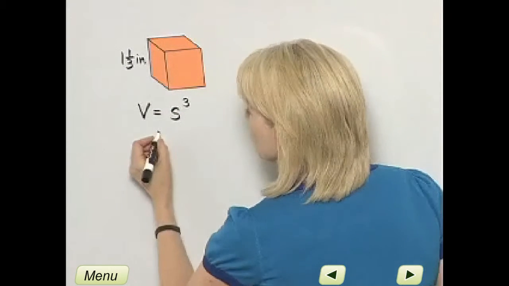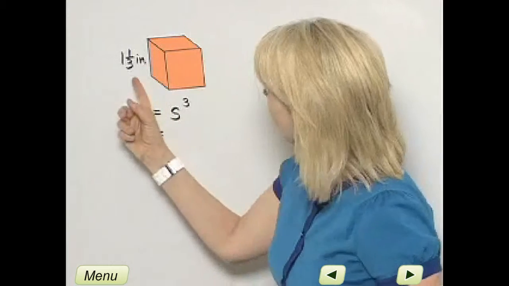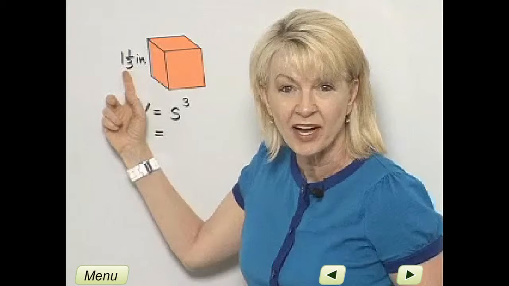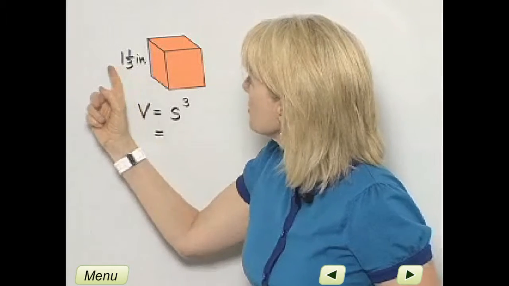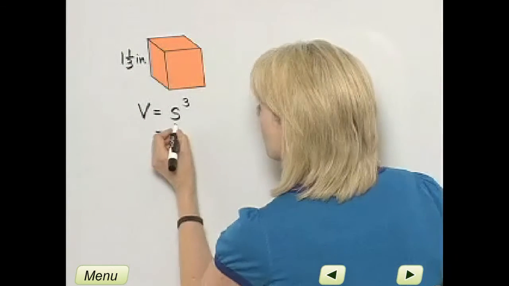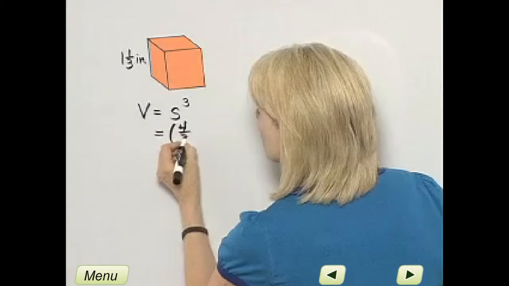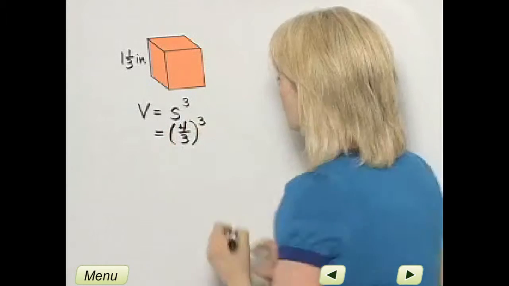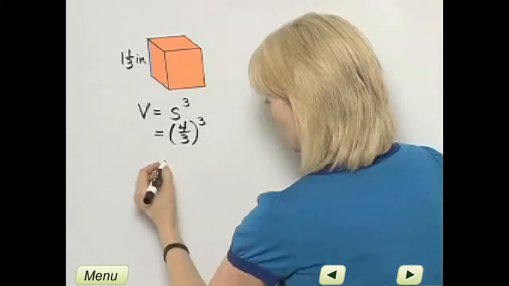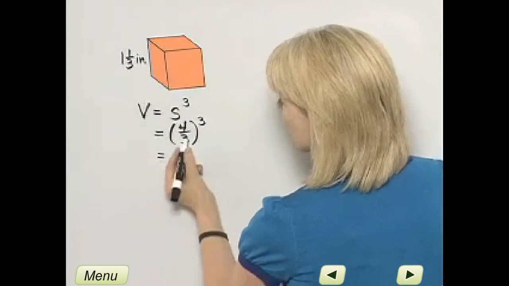So there's our volume formula for a cube. Now the length of a side is 1 1/3 inches. Since we're cubing it, let's go ahead and write this as an improper fraction. So that's 3 times 1 is 3 plus 1 is 4. So I'll write that as 4/3 cubed, and of course when I'm done I'll write cubic inches, and we'll find then this exact volume.